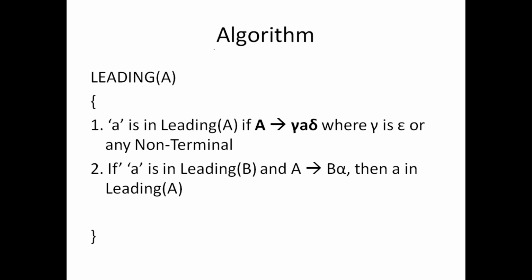So the algorithm is this. a is in leading of A if A is rewritten as gamma a delta, where gamma is epsilon or a single non-terminal.